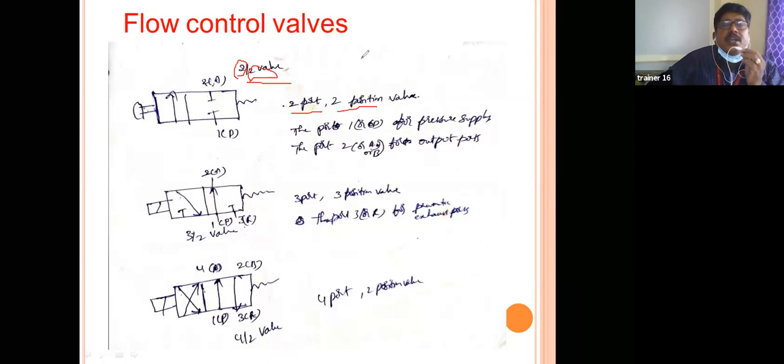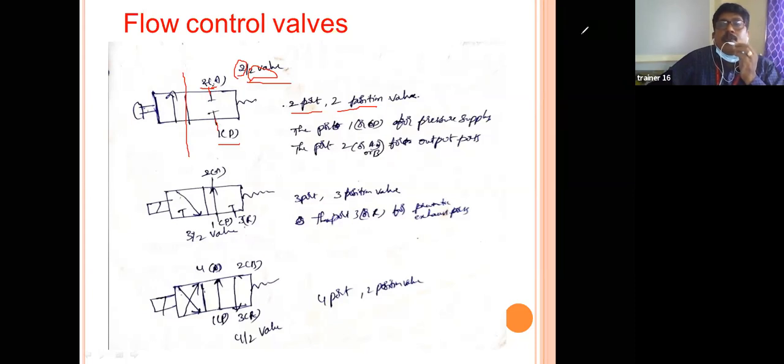If you observe clearly, this is the first port, and this is the second port. 2 ports and 2 positions. This is one position, flow path, and this is the second position, shut off or cut off. The supply is cut off. That means 2 positions changing.